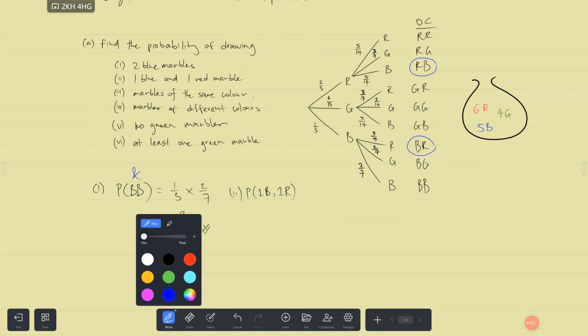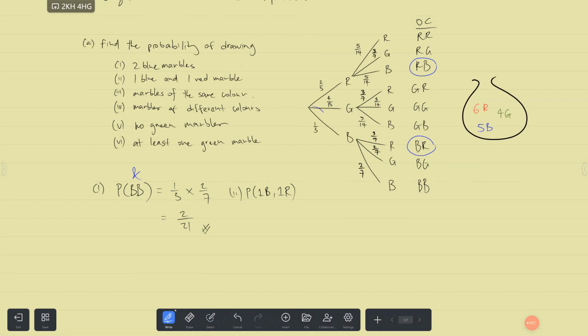There are 2 ways: blue followed by red, and of course the other one is red followed by blue, to achieve this pathway. So we have to list them out as red, blue.